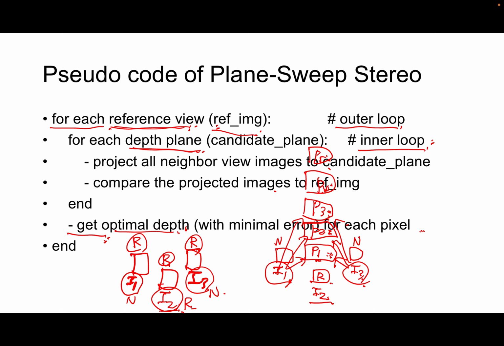In P1, we compare the similarity of I1 lifted to 3D and I2. This is P1. And the second one is the similarity of I1 lifted to 3D and I2 for P2. We can construct this similarity plane, right?